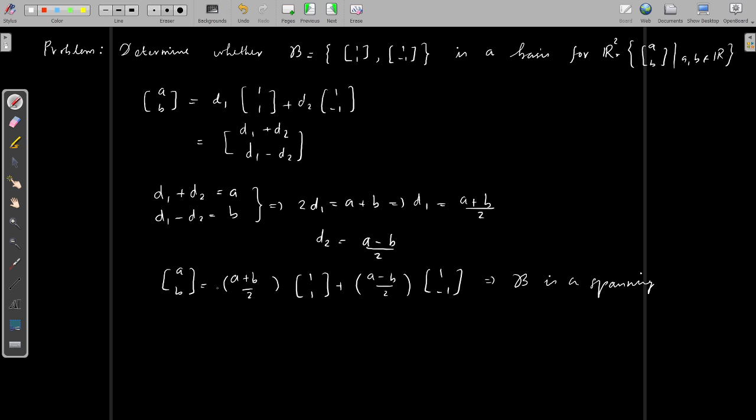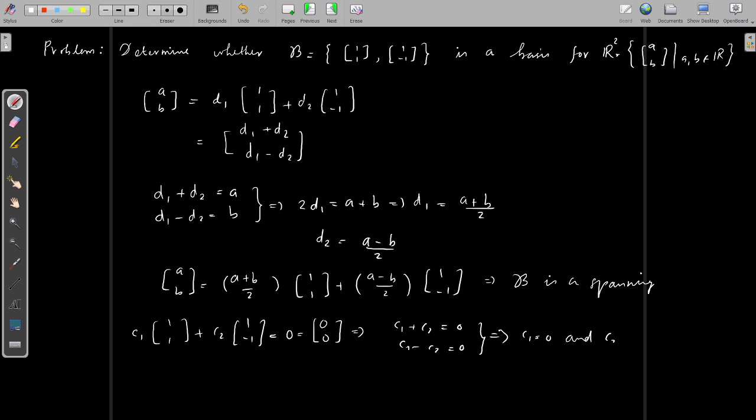Now you can verify the linear independence. We assume the linear combination c1 times (1, 1) plus c2 times (1, -1) equals 0. Here 0 means the additive identity of the vector space, which is R2, the 2 by 1 matrices, that is (0, 0). Then we have two equations, c1 plus c2 equal to 0 and c1 minus c2 equal to 0. Together these imply that c1 equals 0 and c2 equals 0.